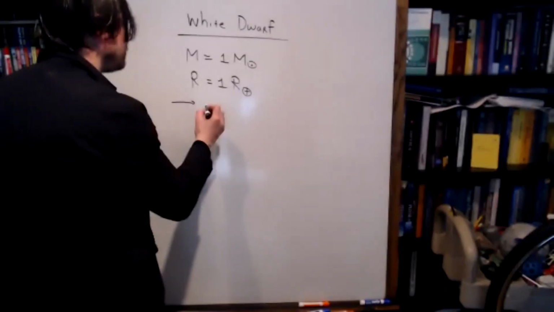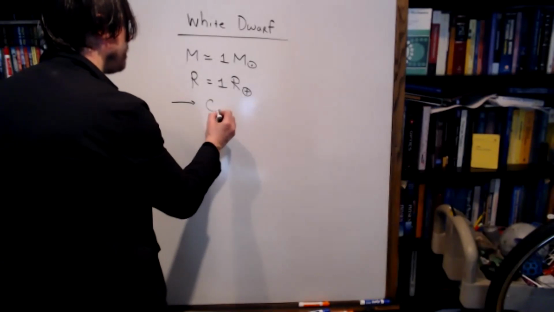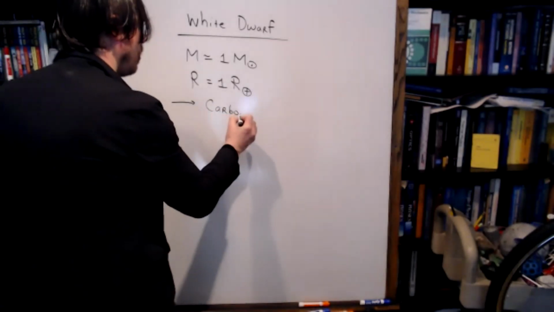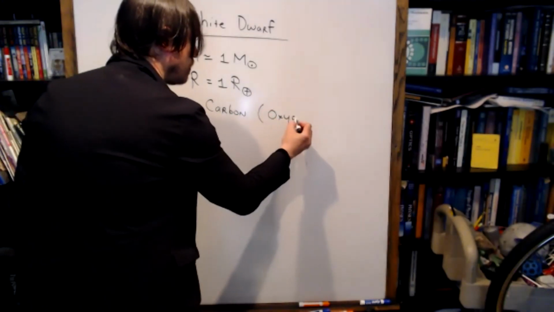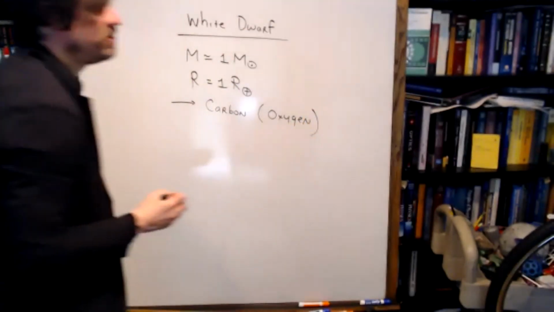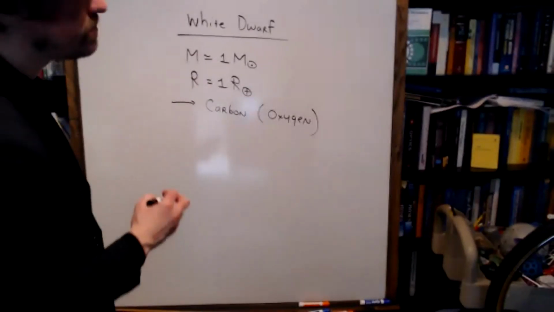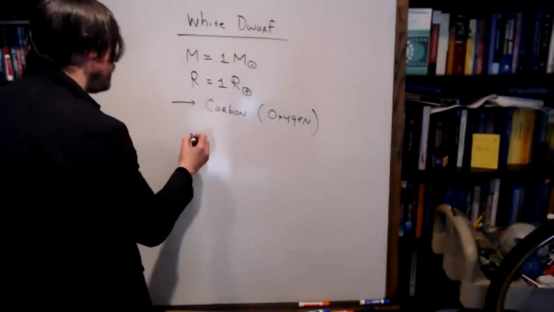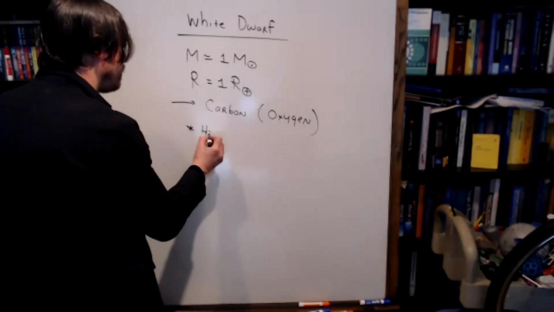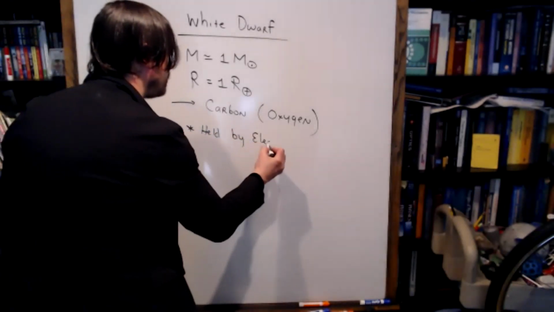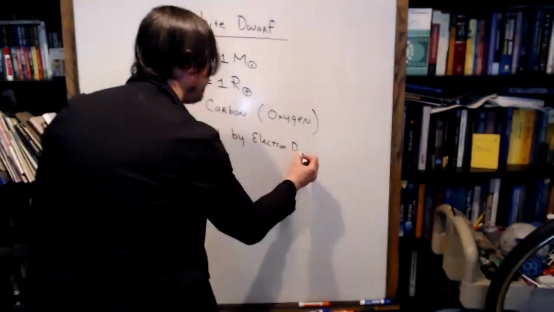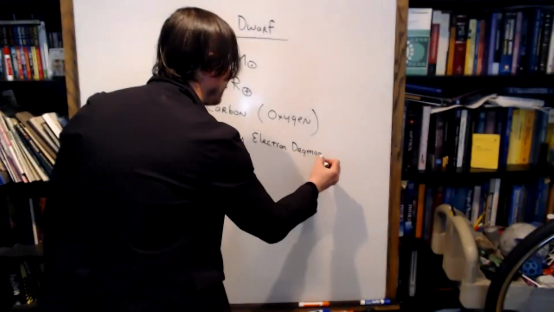So they're usually made of carbon, although there are oxygen white dwarfs or carbon oxygen white dwarfs. Typically, the material is held in hydrostatic equilibrium by something called electron degeneracy pressure.